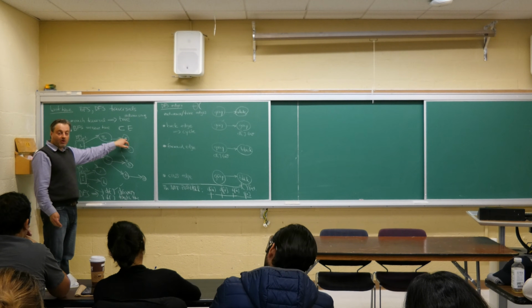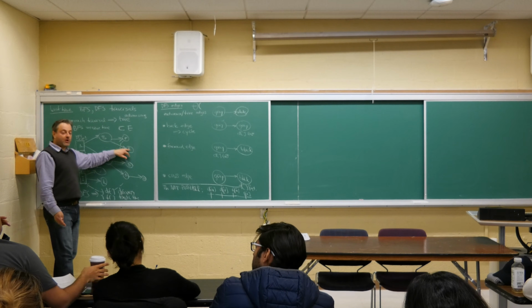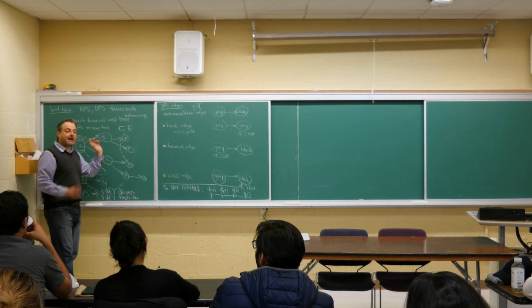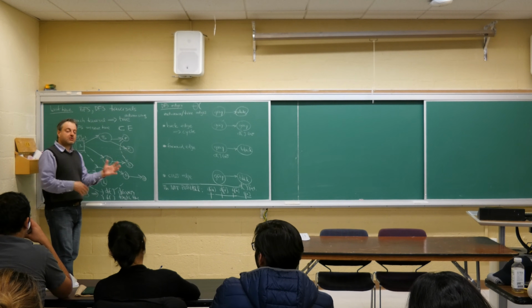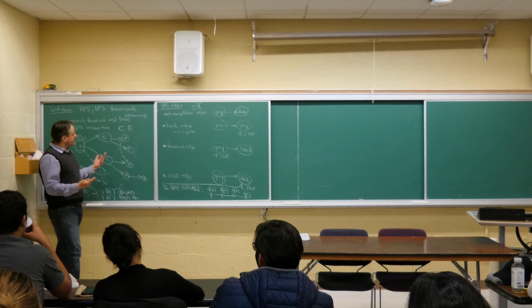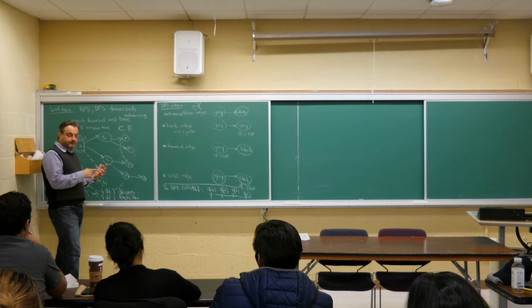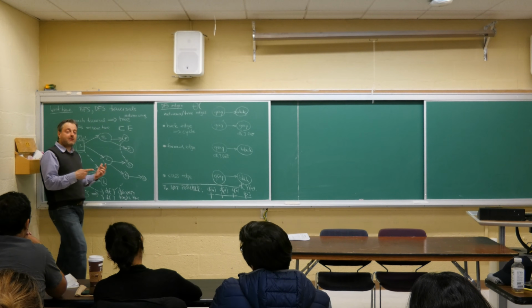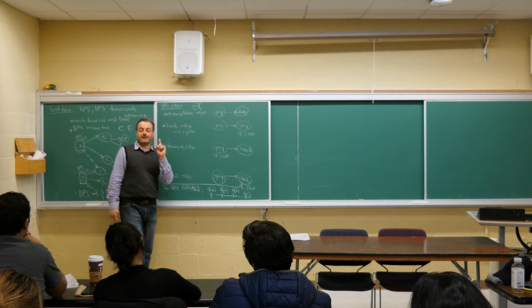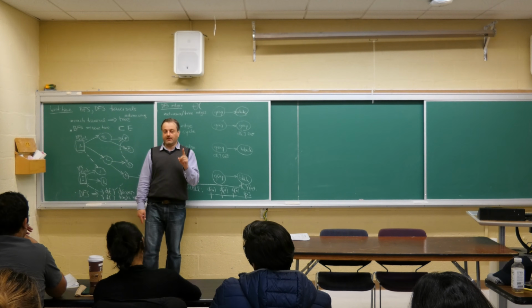If it's a white node, advance. If it's not a white node, classify the edge. I already advanced to the white edges. So what's the running time? V times E? Are you sure? How many times do I process or consider an edge? Once.